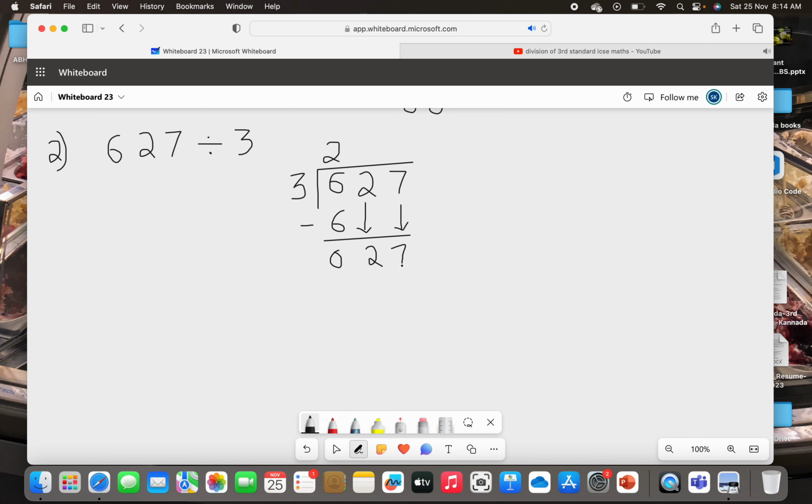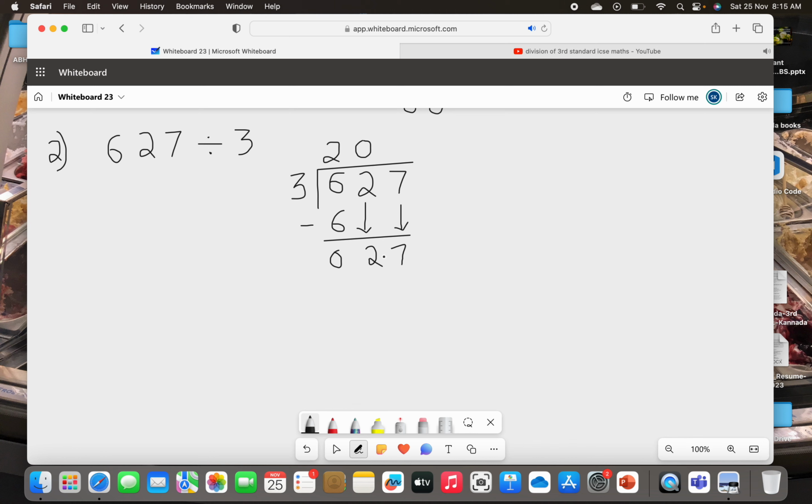So it becomes 27. Now the rule of the division says after the first number, if at all you are pulling down two numbers to divide, then you need to add a 0 here. Because the first number was not divisible, so you pull down the second number.